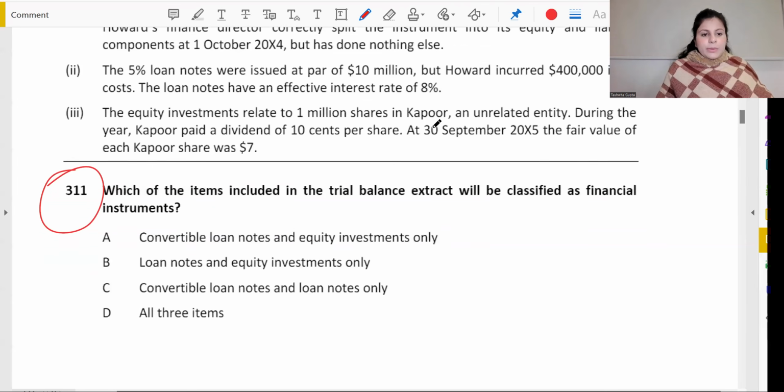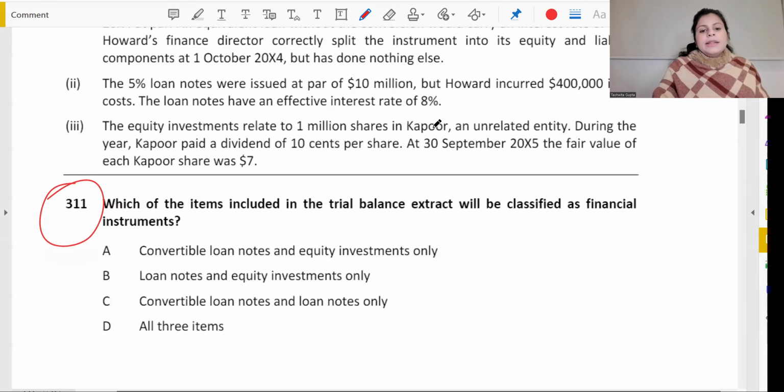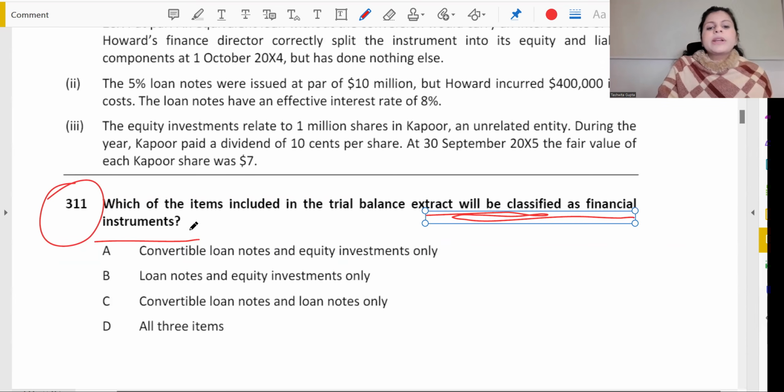First question. Which of the items included in the trial balance extract will be classified as financial instruments? Are convertible loan notes financial instruments? Have you done convertible loan note? Is it a financial instrument?